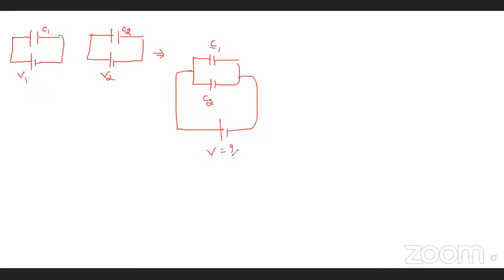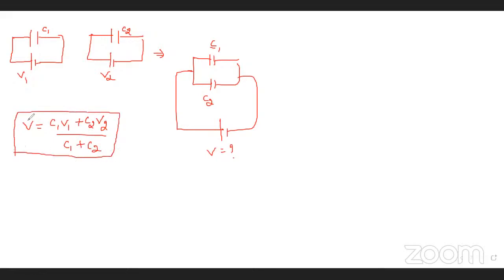Please remember what that common potential is. Common potential is given by the formula C1 V1 plus C2 V2 divided by C1 plus C2.